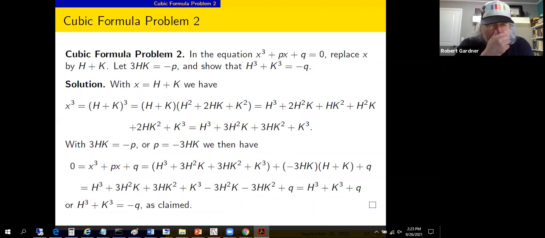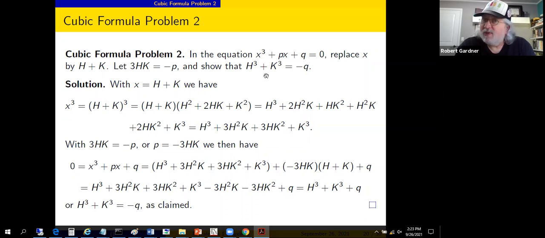Next, they want us to take 3hk equal to negative p. Or maybe better yet, p taken to be negative 3hk. In that case, we can take this original formula in terms of x's, p's, and q's and express it simply in terms of h's and k's. And I guess we'll still be stuck with a q.